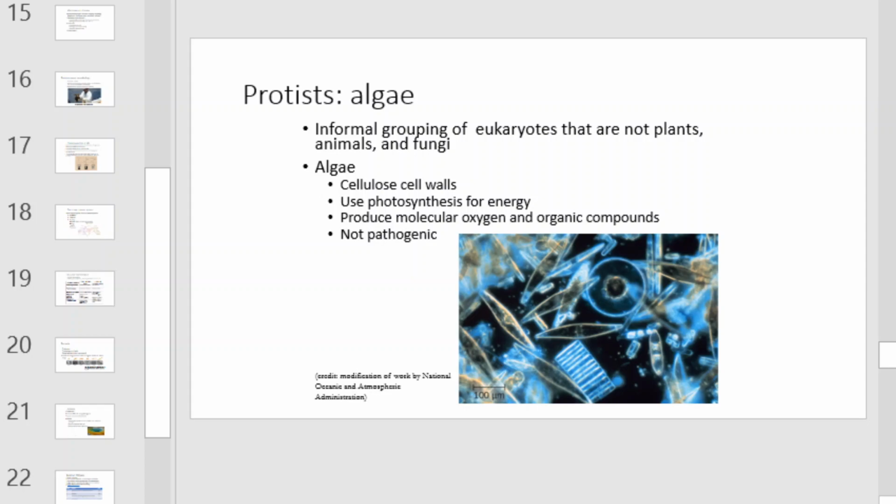They use photosynthesis for energy. They produce molecular oxygen and organic compounds and are not pathogenic. Probably the most familiar algae to you, if you frequent the beach, is what most people refer to as seaweed.